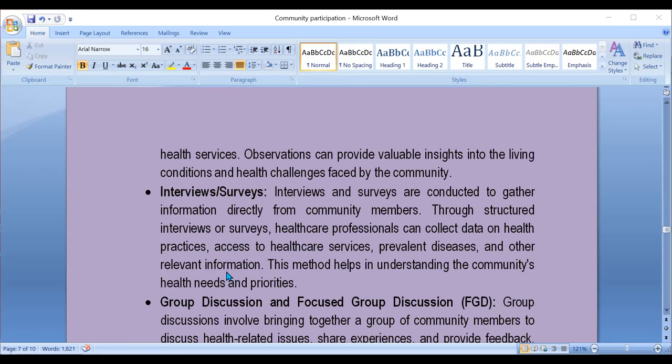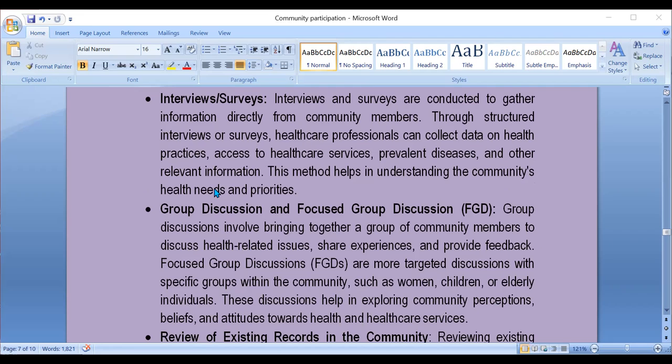You can then collect data on healthcare practices, hand hygiene, oral toileting, the type of food they cook, how they prepare the food, access to healthcare services, their attitude and knowledge, prevalent diseases in that community, and other relevant information. Then you're going to deploy focus group discussion.